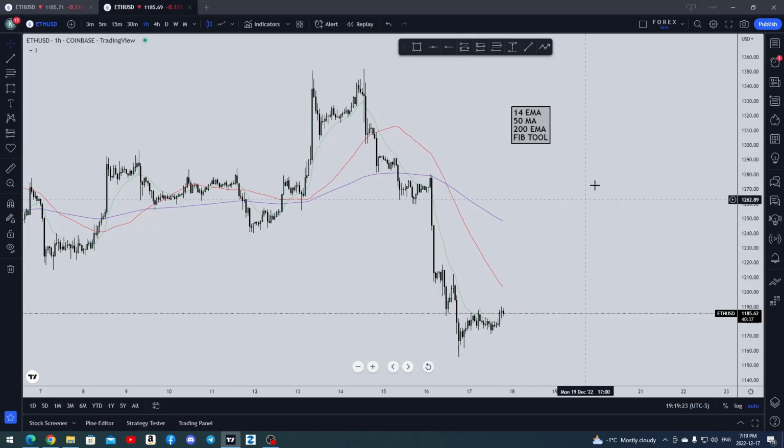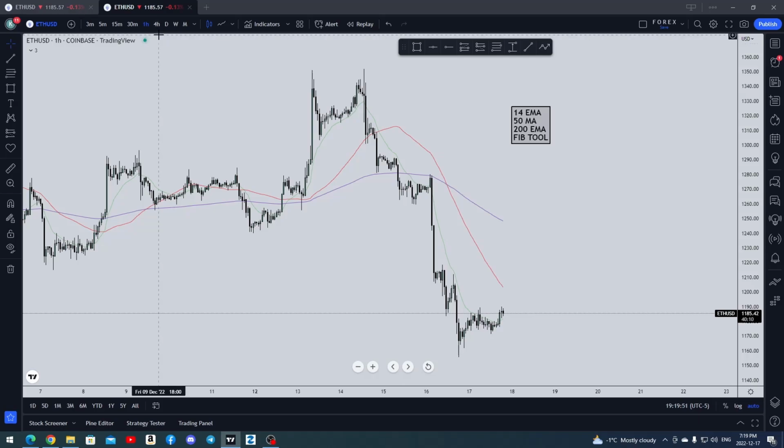Of course, the Fib tool will come into effect later. So just to start off, this strategy is best on higher time frames. You can use it on lower time frames, but because the spread is so big on crypto, on Ethereum USD, I typically use the higher time frames to give me that extra, we'll call it wiggle room, so that my spread doesn't really take me out or stop me out during my trade.